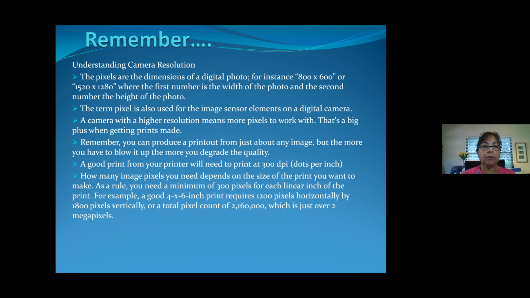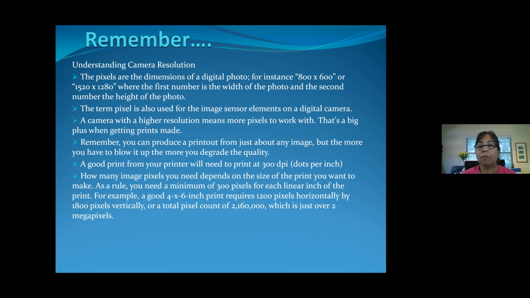Understanding the camera resolution, the pixels are the dimension of a digital photo, okay? 800 by 600, 1500 by 20, so those are the pixel dimensions. The term pixel is also used for the sensor elements on the digital camera. A camera with a higher resolution means more pixels to work with and a better image, of course.